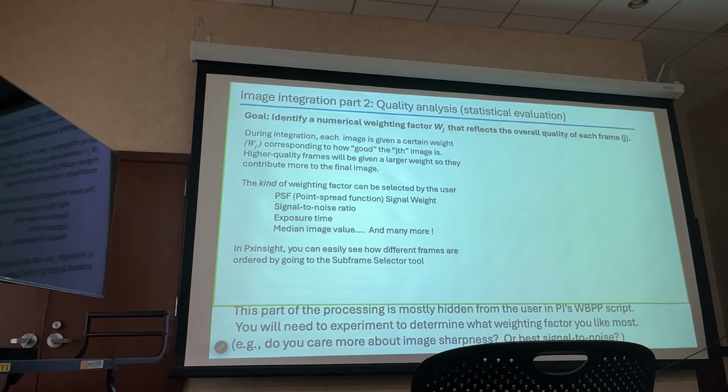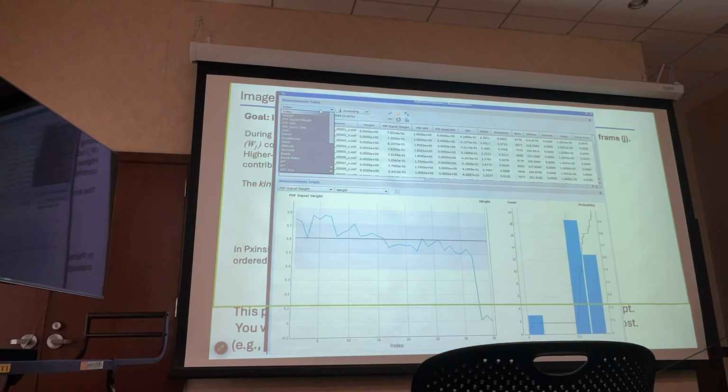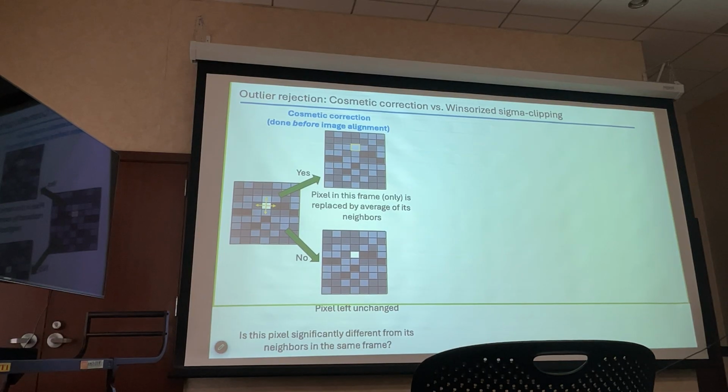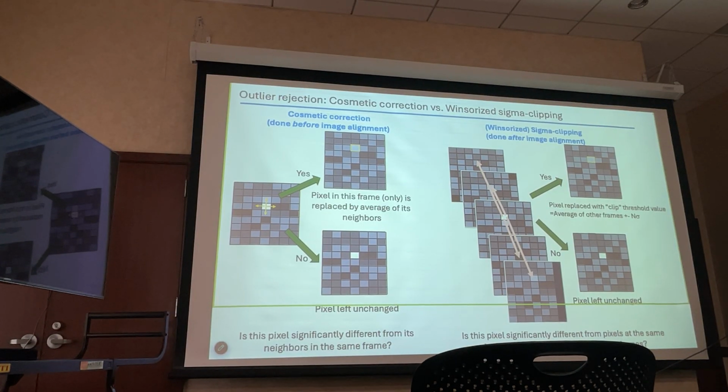You can choose that, and the software will identify that for you. Okay, I mentioned the idea about cosmetic correction versus winsorized signal clipping. I just wanted to again emphasize that there's two independent ways of measuring outlier rejection.